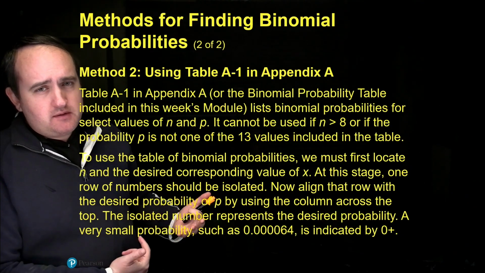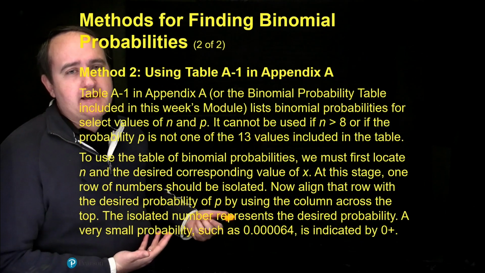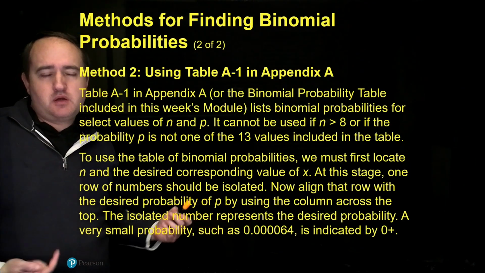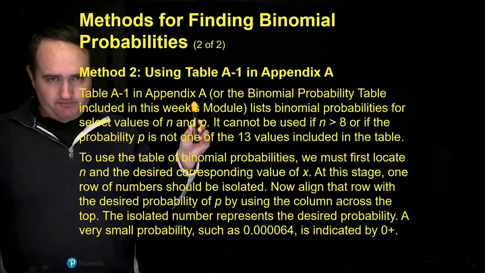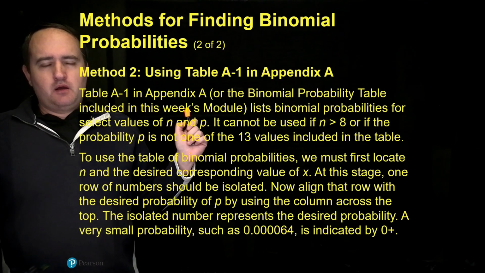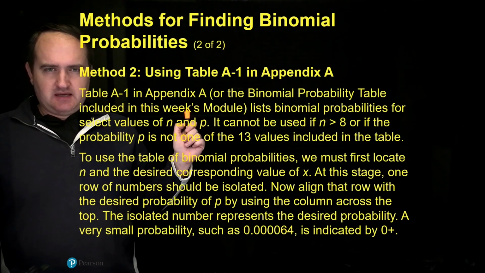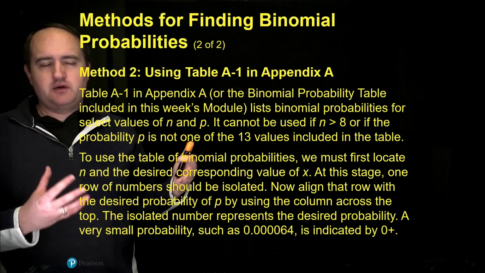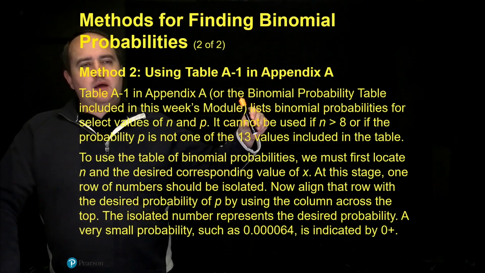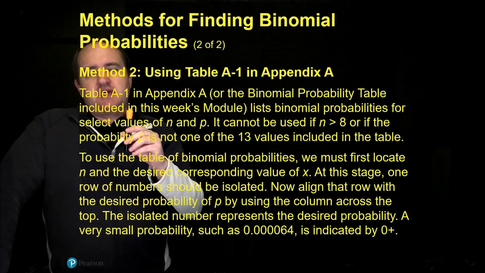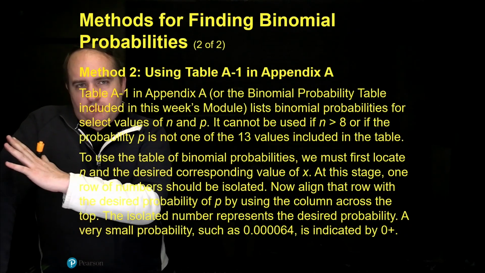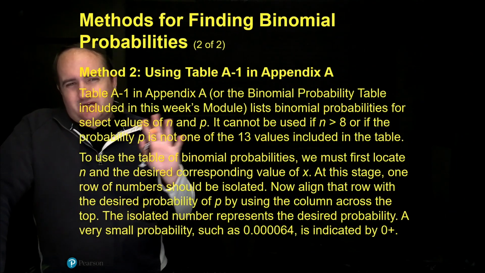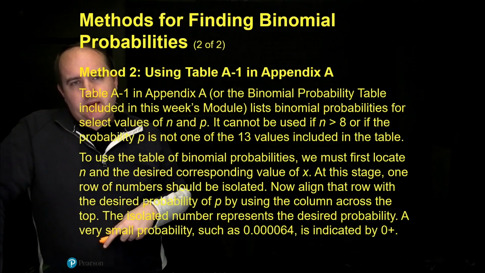Now, if you're using our textbook or our e-text on MyMathLab, you may be using table A1 in Appendix A. However, I wasn't able to get this table to put in our module, so I got another binomial probability table that's easier to read, and it also has more numbers, so it's actually better than table A1 in the appendix.